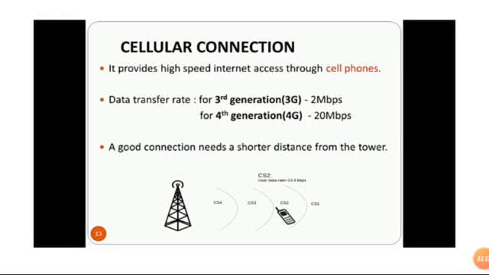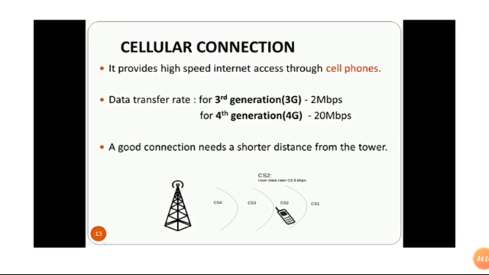The next is cellular connection. I hope you all are familiar with this cellular connection. It is mobile internet. The user can access internet using his or her cell phone or smartphones. The smartphone also has a network subscribed by ISP.